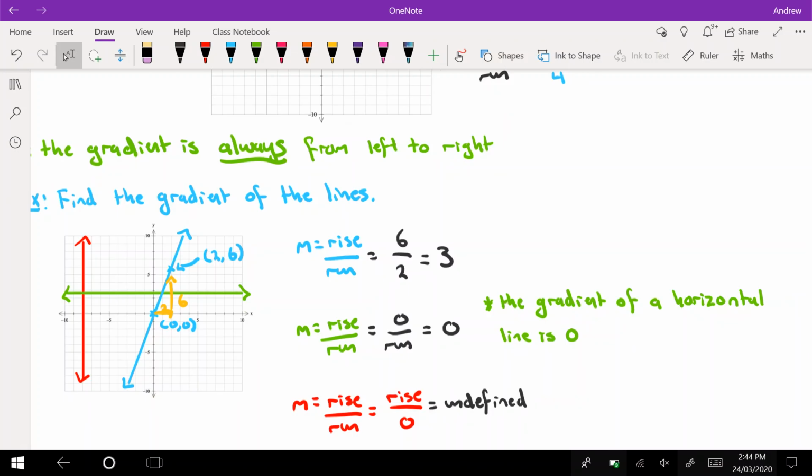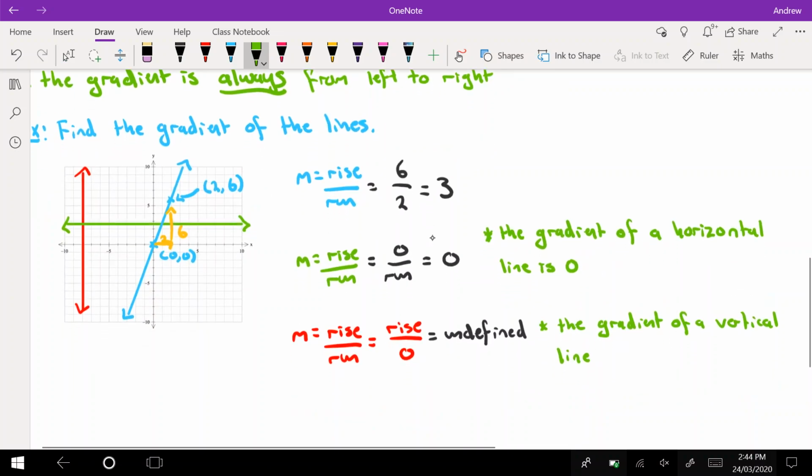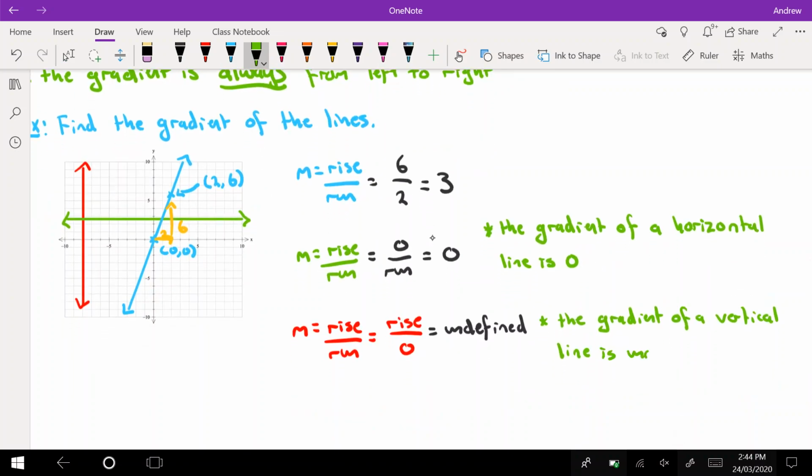I always like to think about it like I'm walking. So I'll just finish writing this first. The gradient of a vertical line is undefined.